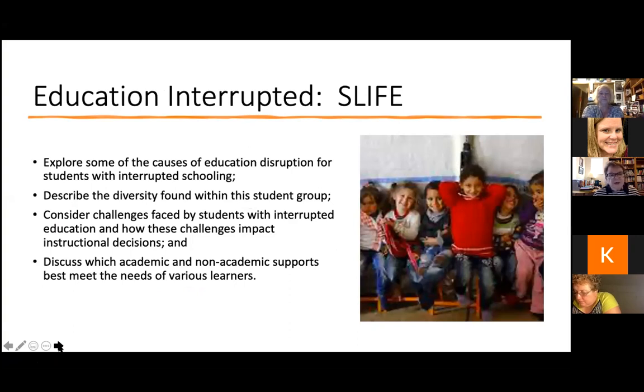We'll describe the diversity found in this student group and the challenges faced by students with interrupted education, and how the challenges really impact your instructional decisions and your instructional design. We'll discuss academic and non-academic supports best to meet the needs of the various learners. So that's our first course.